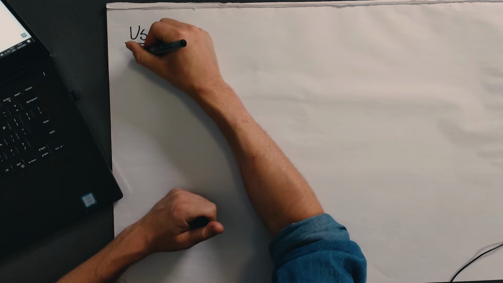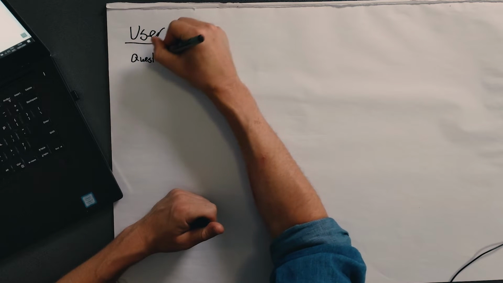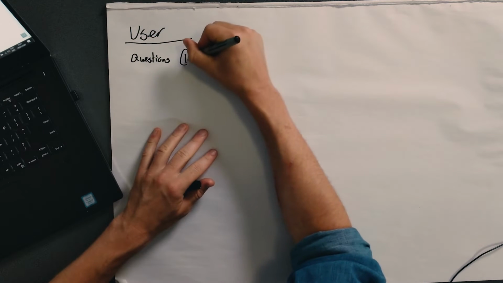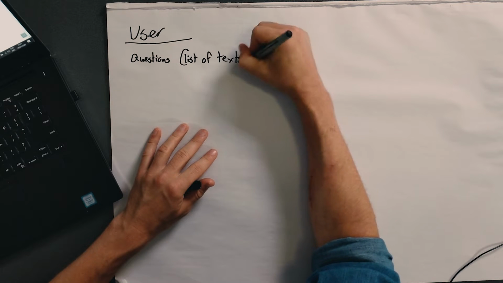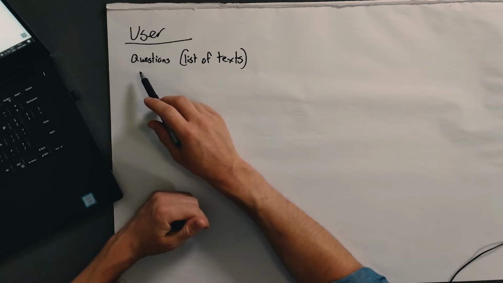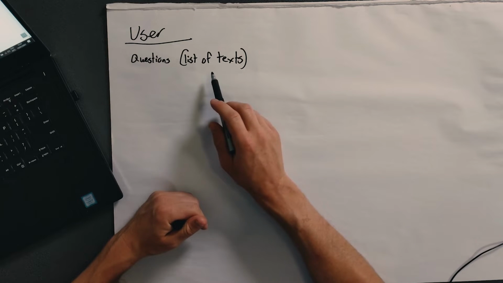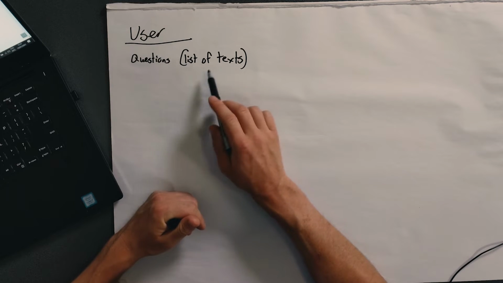But now the question is, if a user can ask questions, should we just have a field on this user called questions, which is simply a list of texts? Well, the way to think about when you create an entirely separate object, a separate thing, is asking yourself: is there any information about this question that can't be captured in a single field?